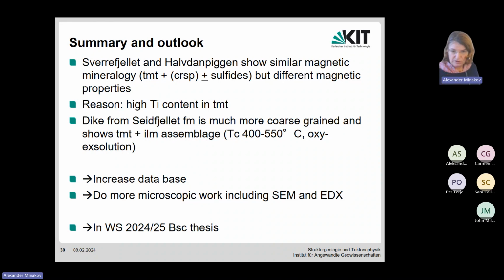Yeah, so more subalkaline and more alkaline compositions. And the outlook is that we want to do more magnetic mineralogy data, and that we will do a bachelor's thesis during this year, producing more data and going to publish this work.